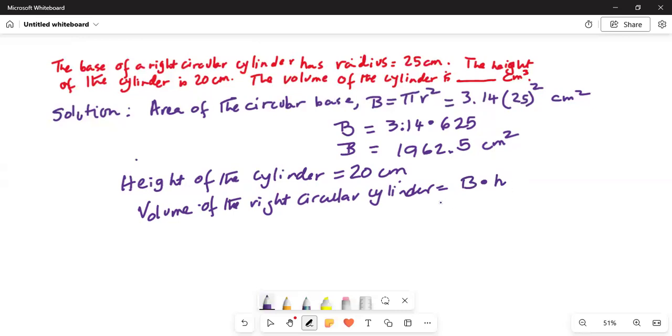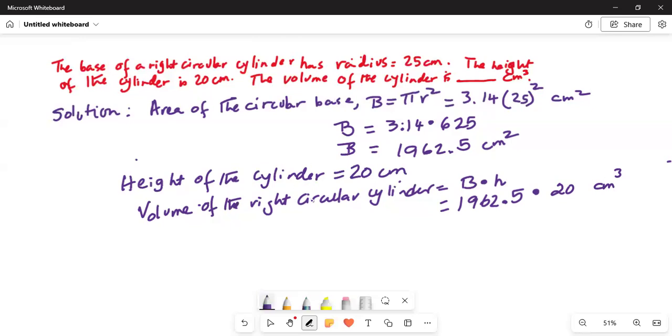And we already know the base area is 1962.5, and that will be multiplied by the height, and the height is 20 centimeter. The base area is in centimeter square, multiplied by the height in centimeter, so the unit will be centimeter cubed. Always the volume unit is cubed. Here the dimensions are in centimeter, so it will be centimeters cubed.